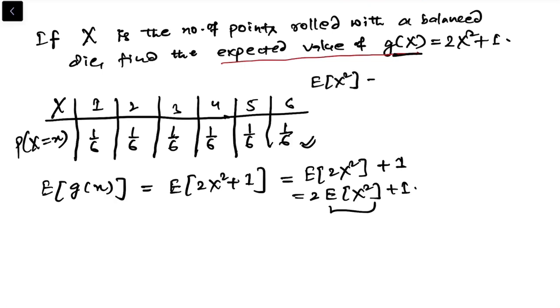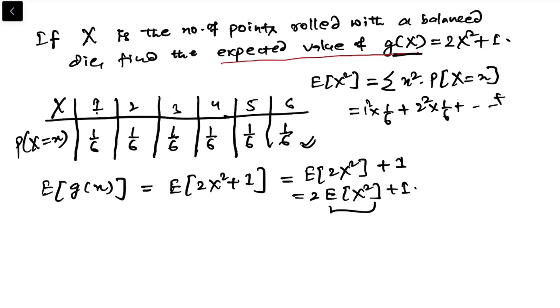Expectation of x square is simply x squared times probability. So this is 1 squared times 1 over 6 plus 2 squared times 1 over 6 and so on up to 6 squared times 1 over 6.